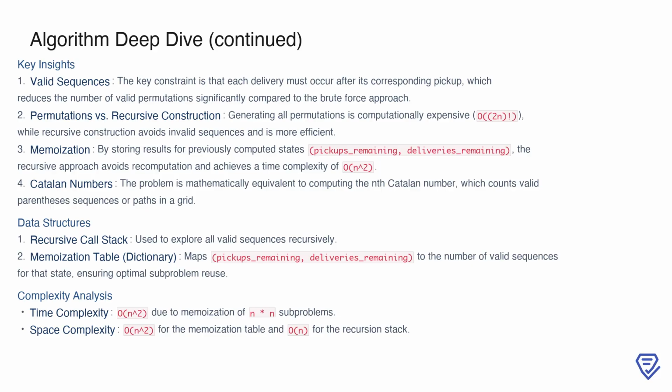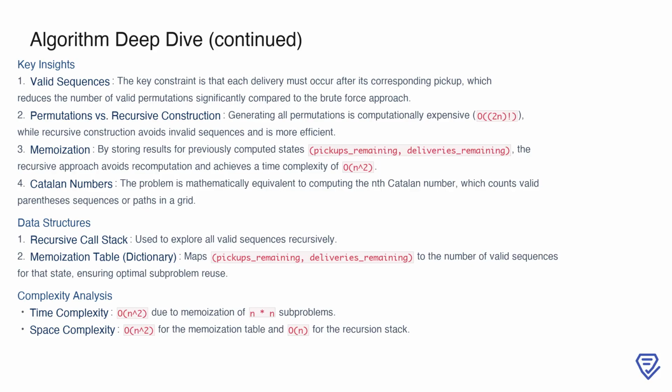Second, by leveraging memoization, we avoid recalculating results for the same pickups_remaining, deliveries_remaining state, which reduces the time complexity to O(n²). This is because there are at most n*n unique states to compute. Moreover, the problem has an interesting mathematical equivalence to the nth Catalan number, which counts various combinatorial structures, including valid parentheses sequences or paths in a grid.